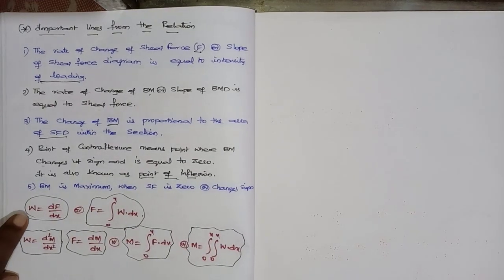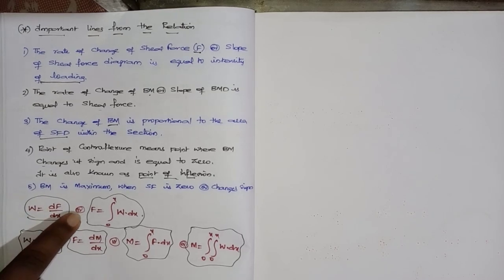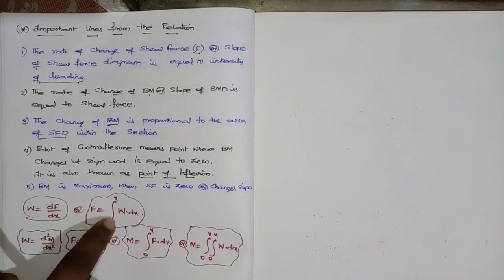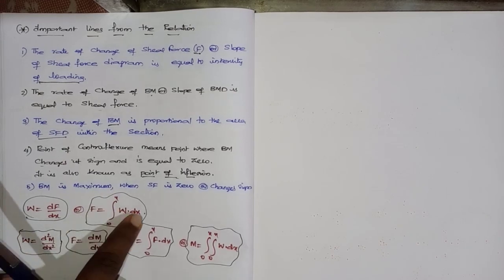Now we have derived this one. This is the equation, the relation between rate of loading and the shear force, that is w equals dF by dx. This can also be written as F equals integral of 0 to x w dx.